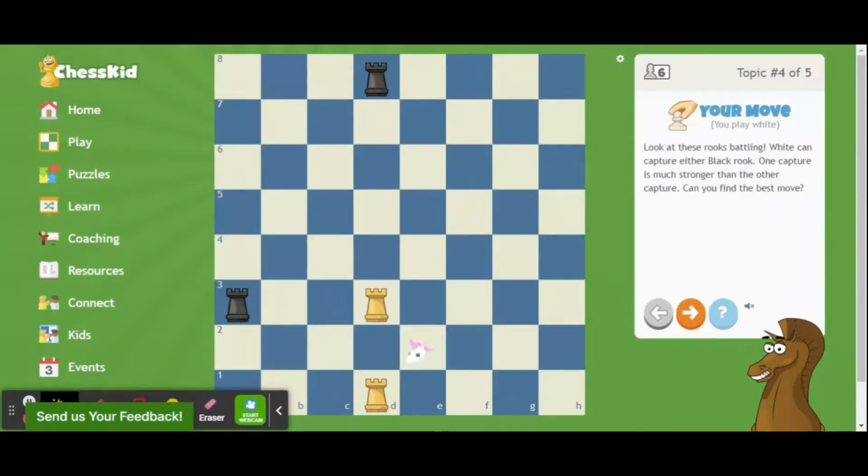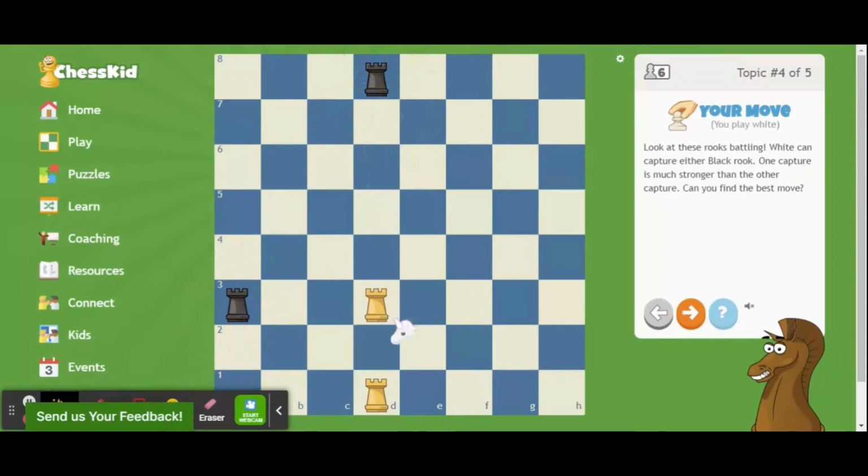So now we have four rooks on the board. Two are black, these two are black, and these two are white. So it is white's chance. So we need to capture, as you know now, that in this position you can capture two items. It could be this rook or it could be this rook.